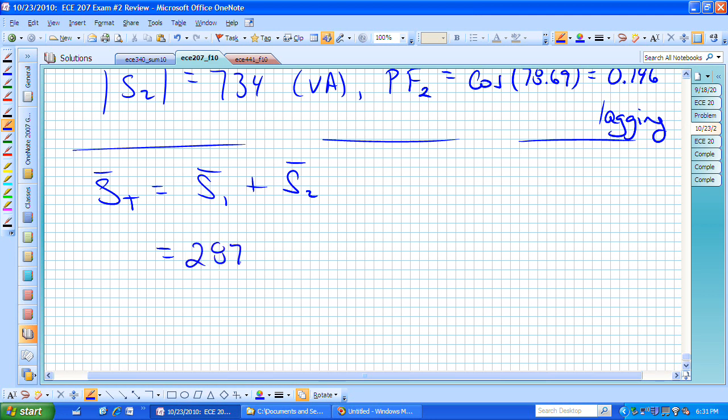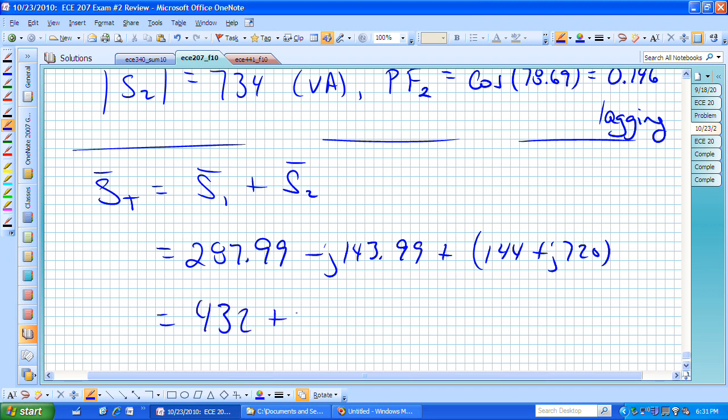S1 was 287.99 minus j143.99 plus 144 plus j720, and we're left with 432 plus j576 volt amperes.